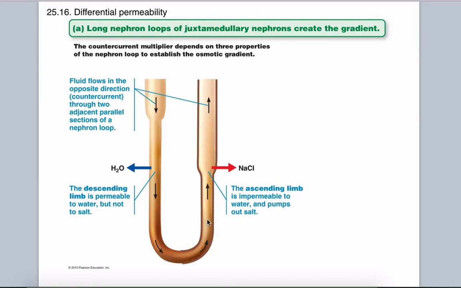Then, as it comes up the ascending limb, it's impermeable to water, but it pumps out salt. So on its way down, it's becoming more concentrated because it's losing water. On the way back up, it's becoming less concentrated again because it's actively pumping out salt.